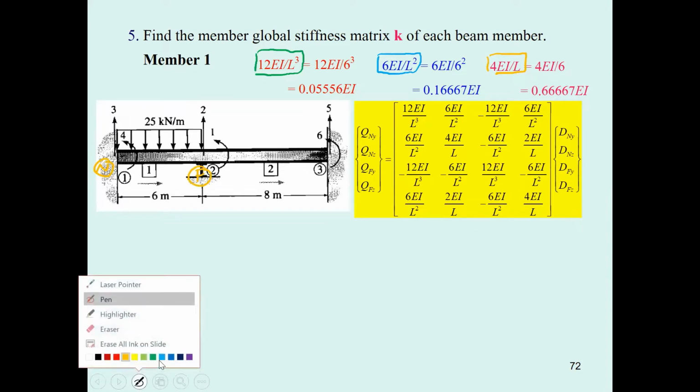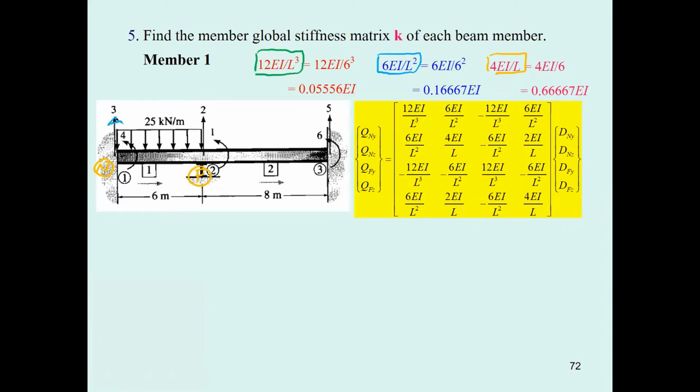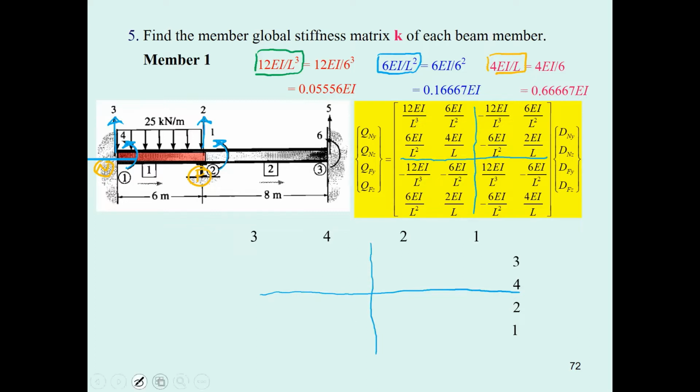When we talk about this, the coordinate, the degree of freedom that's associated with the K1 is going to be 3, 4, 2, 1. Okay, 3, 4, 2, 1. That is going to be the degree of freedom of this. And then you just put everything that I tell you guys about this. And if you prefer to do so, actually you have that in your hand already, just make the symbol into position.